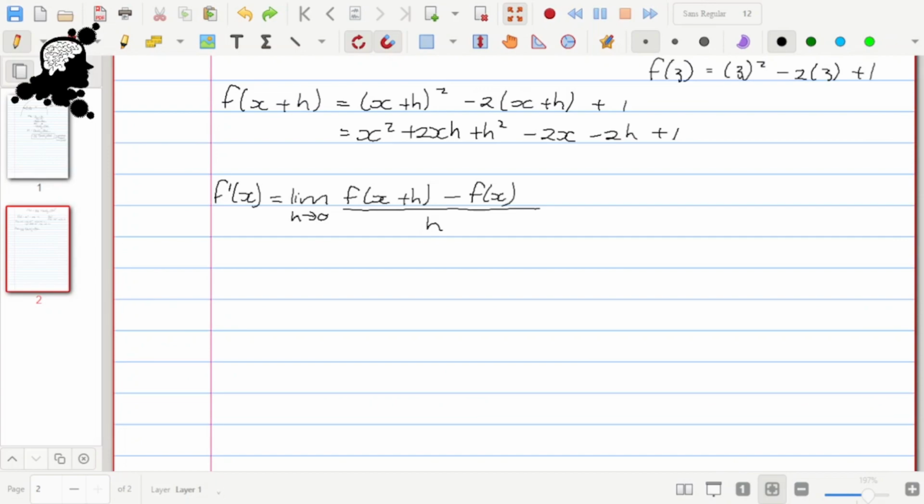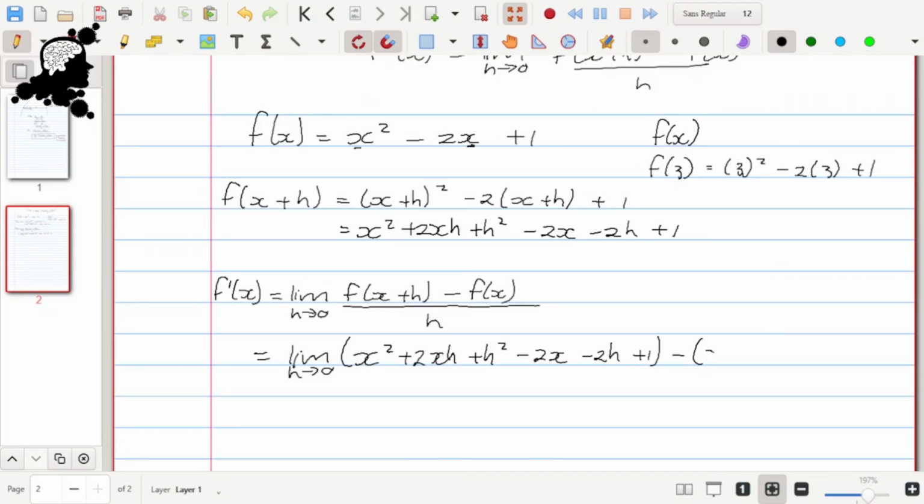So this is going to give us the limit as h approaches 0 of, for f of x plus h, we need to put this in brackets, x squared plus 2xh plus h squared minus 2x minus 2h plus 1, minus f of x. Remember, we were given the value of f of x, so this is going to be x squared minus 2x plus 1. Then we need to divide everything by the value of h.